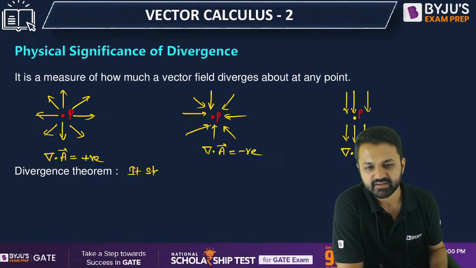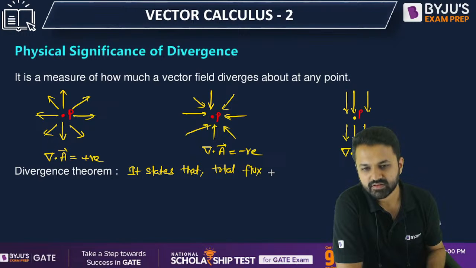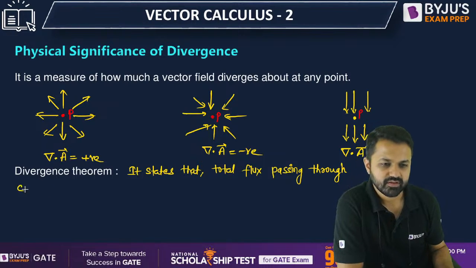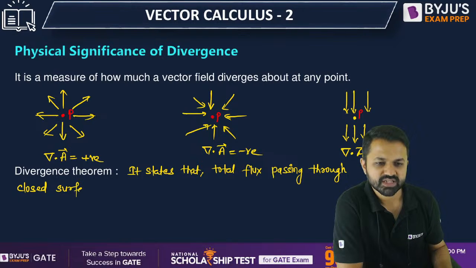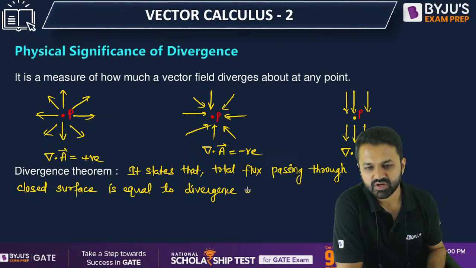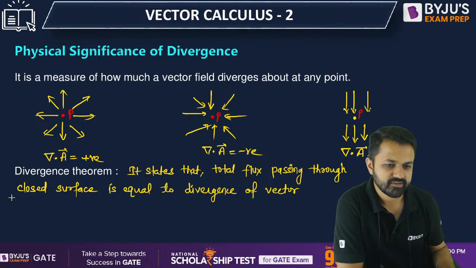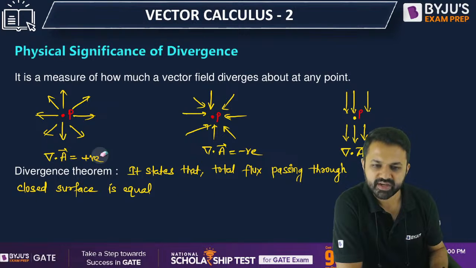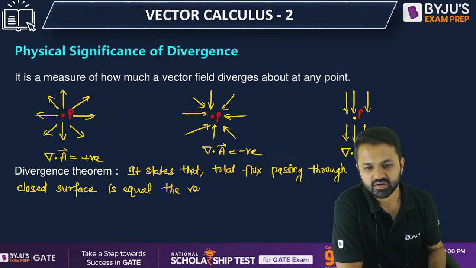It states that the total flux passing through the closed surface is equal to the volume integral of the divergence of the vector.